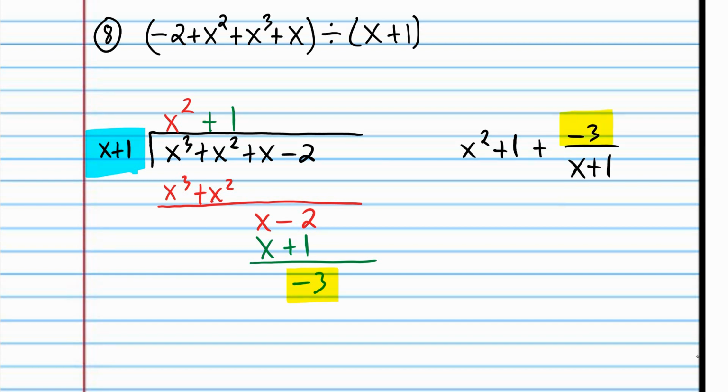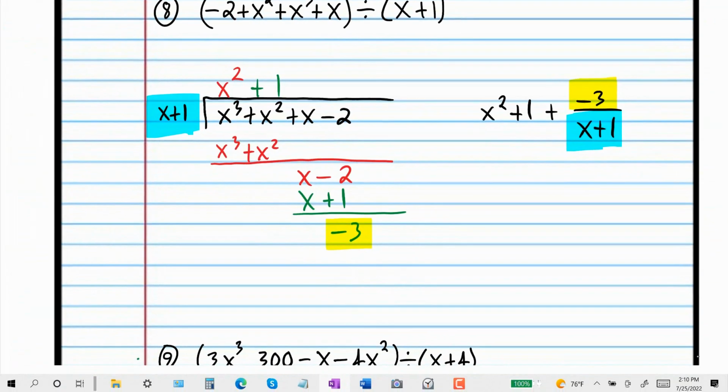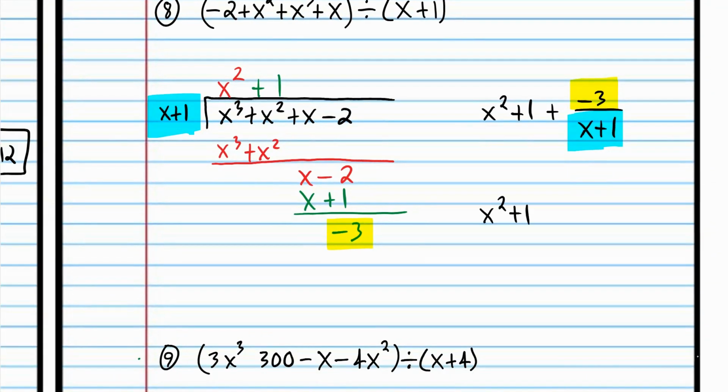And again, the reason we're stopping here is because there's no more numbers to subtract from, and this degree is lower than this degree here. But again, you're not going to see the answer written like that. You're going to see the answer written like this. So just be aware of that.